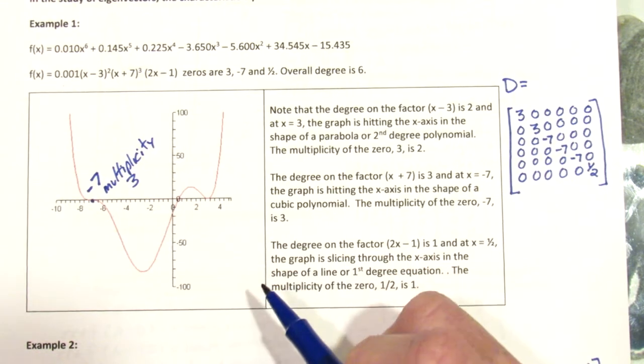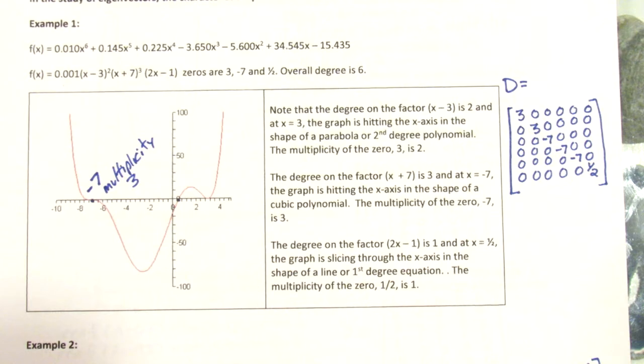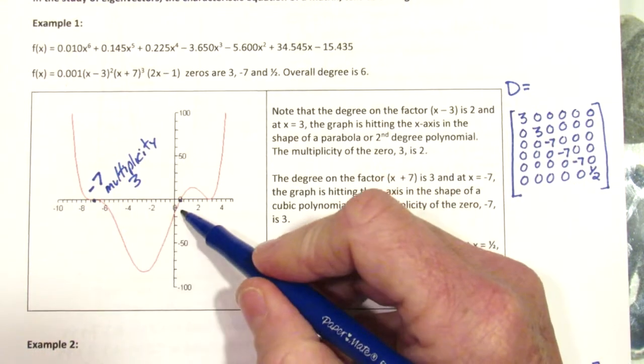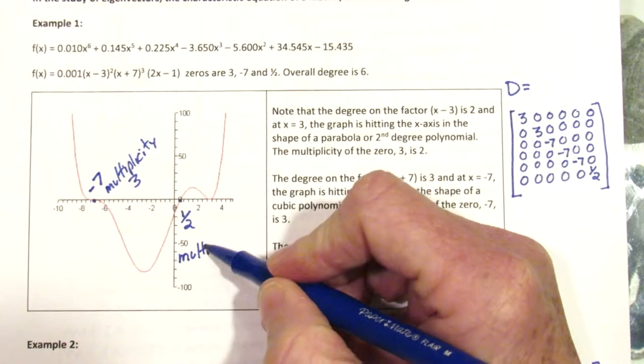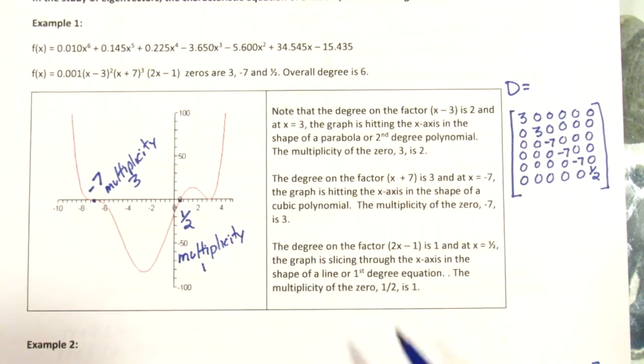Another zero is 1/2 right here. And notice the graph just slices through, kind of straight through. So 1/2 has multiplicity only 1. The graph slices through like a line, and so it has multiplicity just 1.